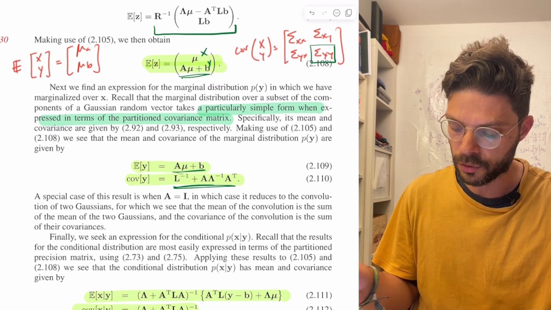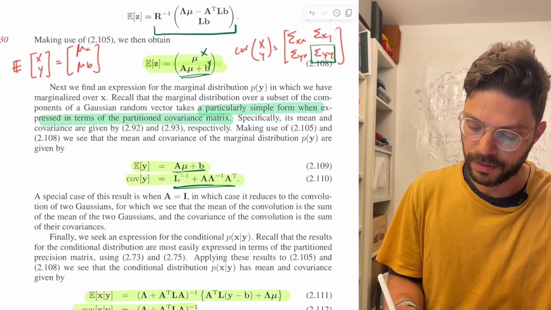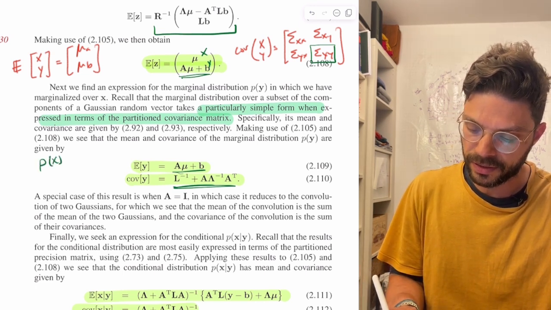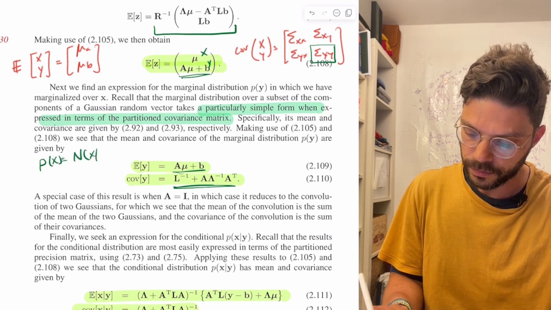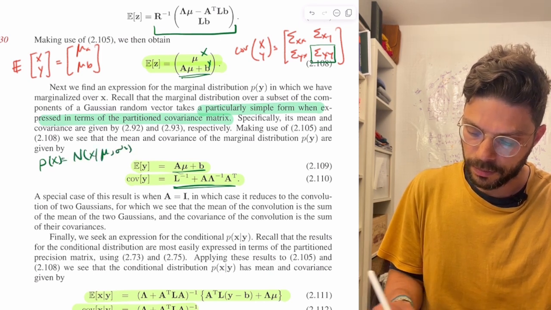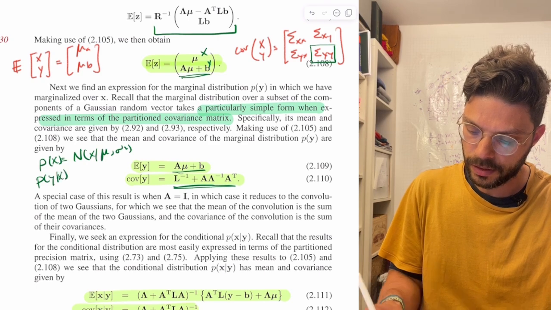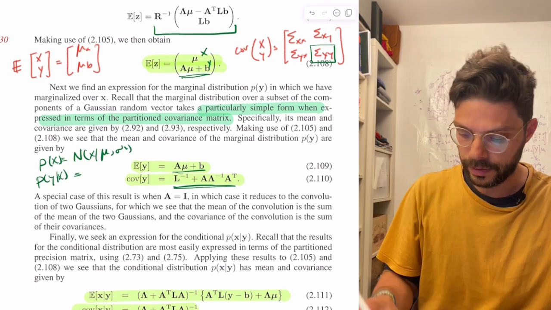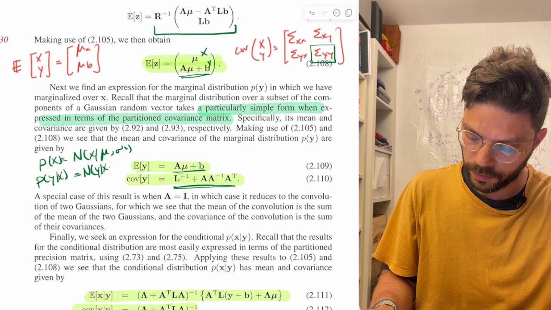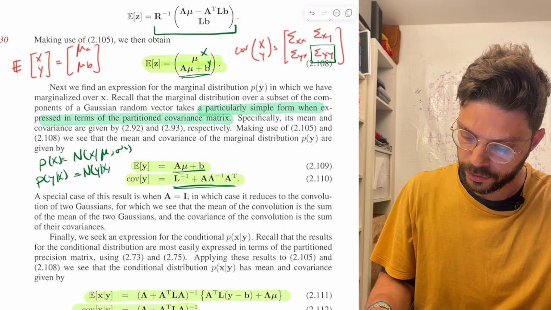It's just a special case, but essentially the idea is that suppose you have p of x is some Gaussian, and then p of y given x is a Gaussian with, let's just call it, rho squared variance or something like that.